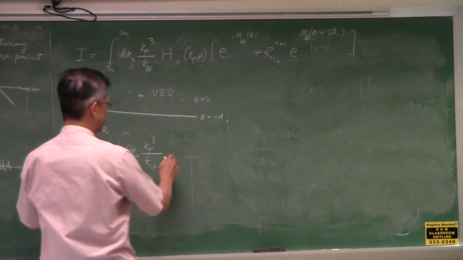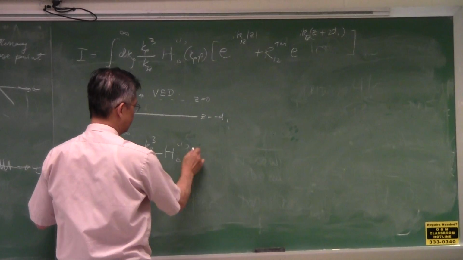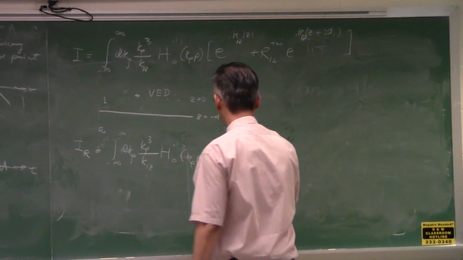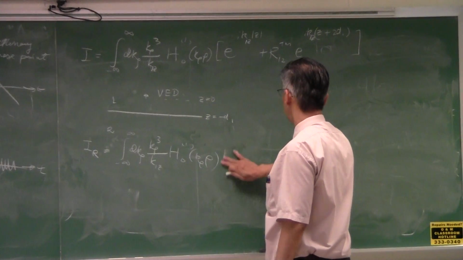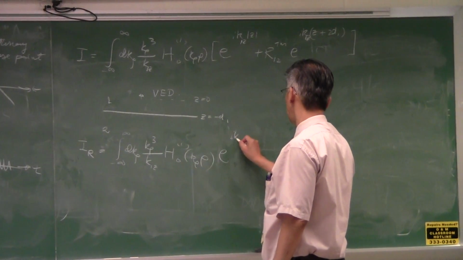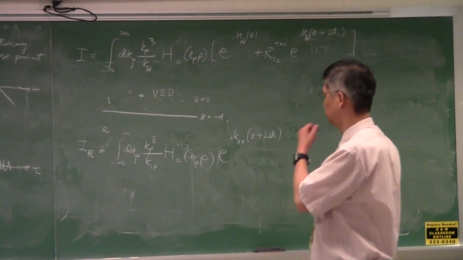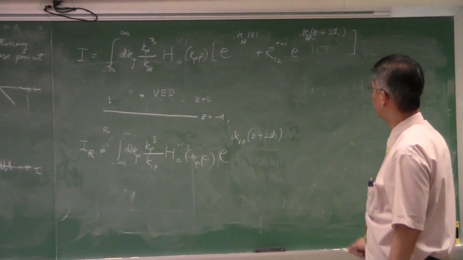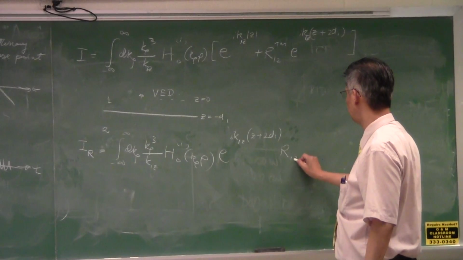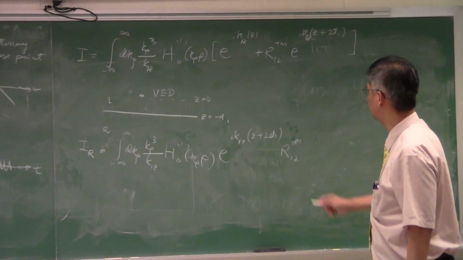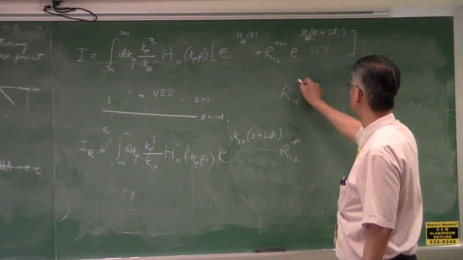The reflected wave term looks something like this. And then it has this exponent e^{ik1z(z+2d1)}, and then plus the reflection coefficient. And this reflection coefficient is rather complicated.